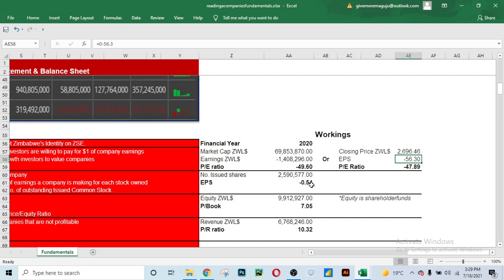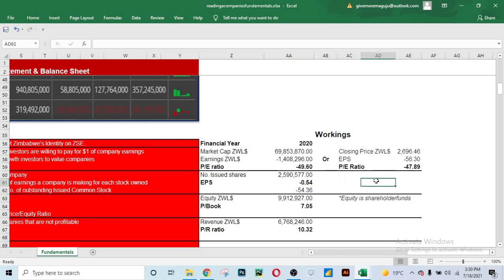See, it's all the same, because this will be 54. If we multiply this by 100, see, it's 54.36. It's 56.30.